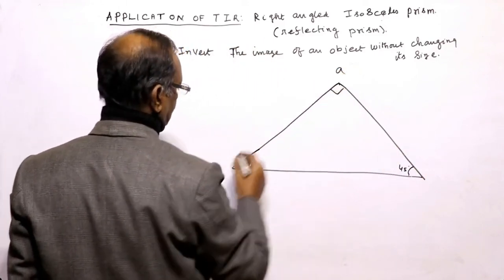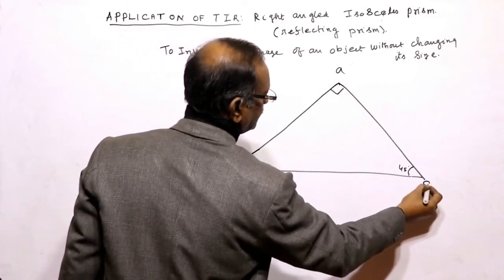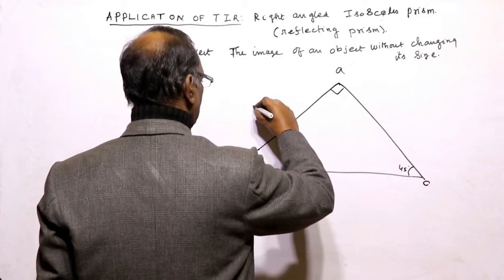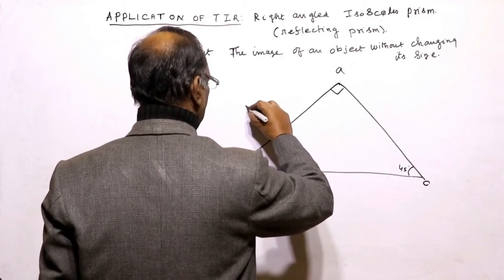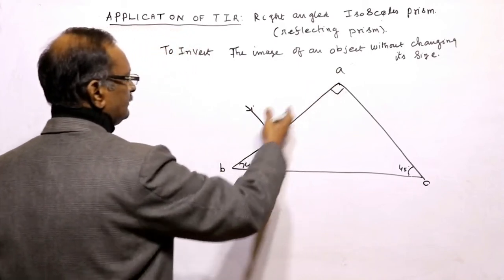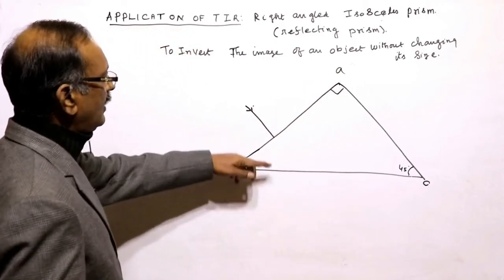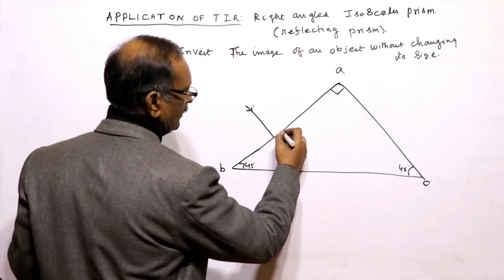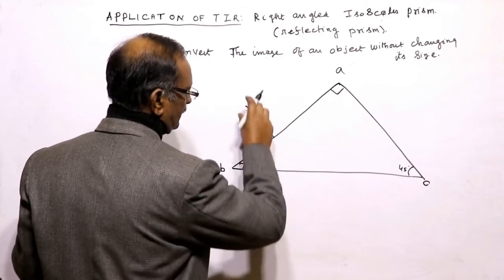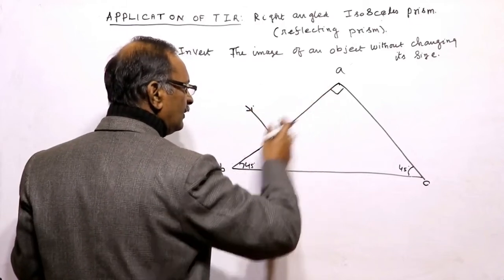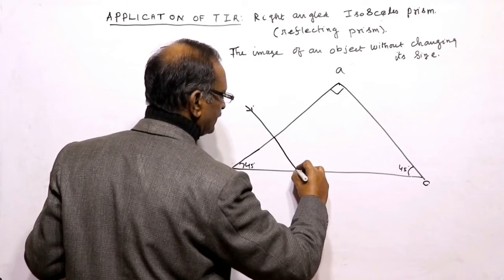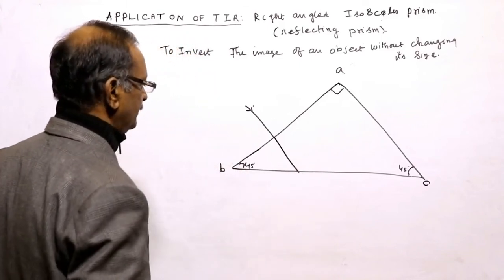See, A, B, C. A ray falling at this point, the ray is coming this way and falling at interface AB. It will go undeviated because the angle of incidence is equal to 0, as it falls perpendicular to this face, and the angle of refraction also will be 0.